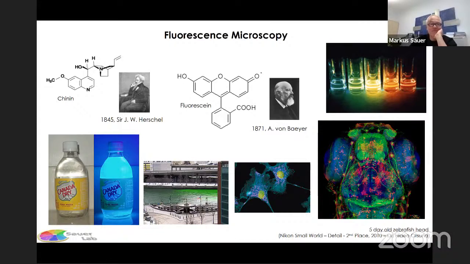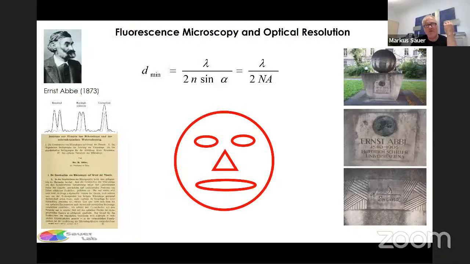And thanks to different companies and specialists who invented and developed new dyes and labeling technologies, we can label almost any kind of cellular structure we're interested in and produce these nice images. However, as you're aware, there is the diffraction limit. Waves are diffracted at the optical components of our microscope.